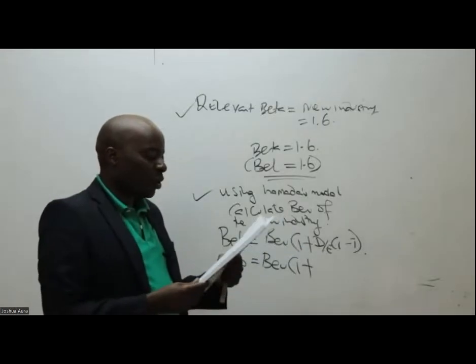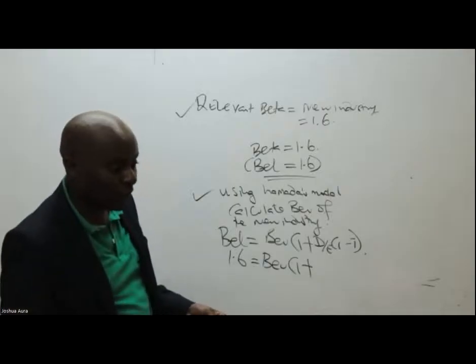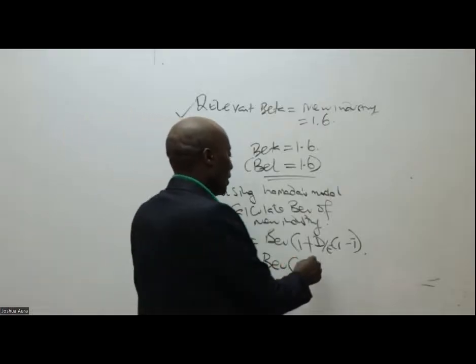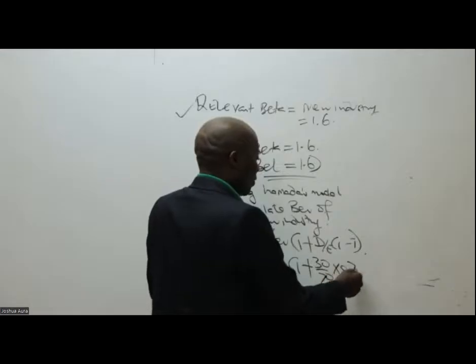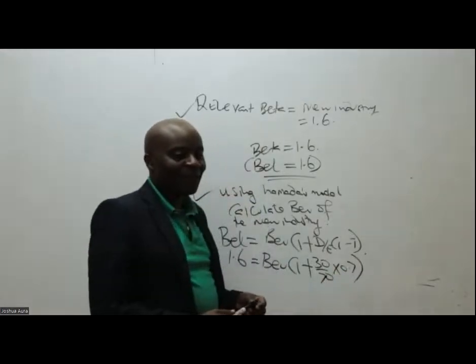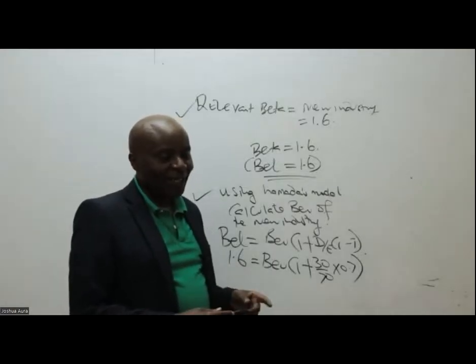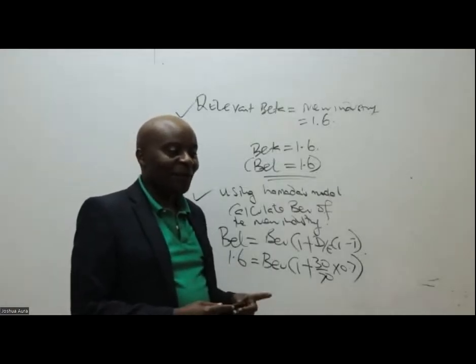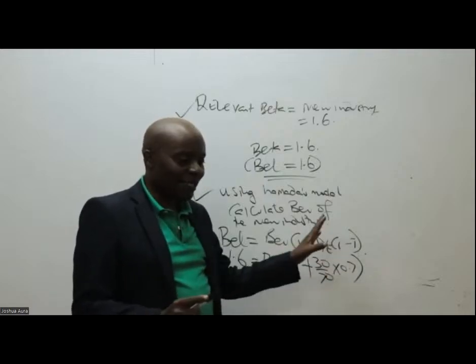The electronics industry, debt is 30%, equity is 70%. So 30 over 70 into 1 minus tax, which is 30%, so 0.7.